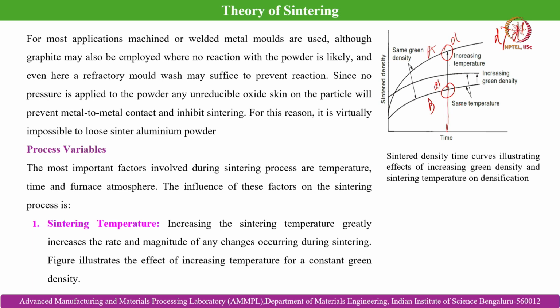Also, in the case of increasing green density, in this case we are keeping the sintering time constant and the sintering temperature constant: time equals constant, sintering temperature equals constant.